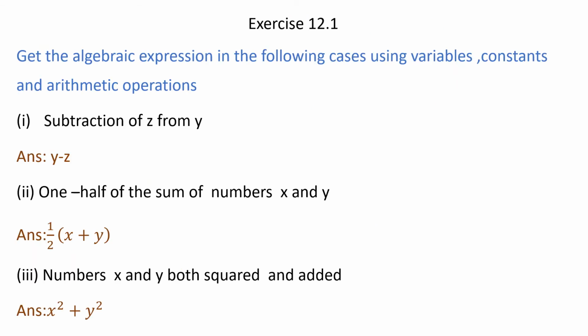Exercise problems. Get the algebraic expression in the following cases using variables, constants and arithmetic operations. So they have given it in sentences, and you want to write the algebraic expressions using variables, constants and arithmetic operations. So, subtraction of z from y.